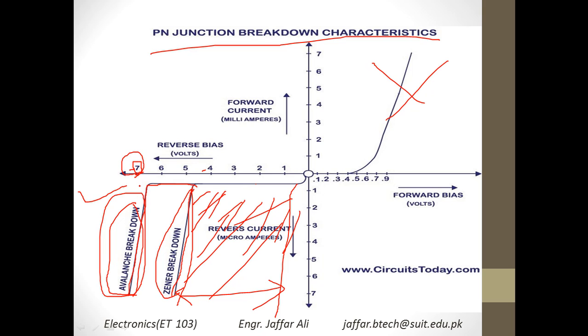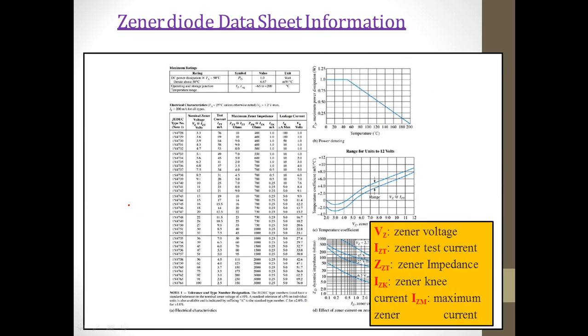As I have already told you, avalanche occurs at high voltages, so it means the amplitude should be high, and the negative sign doesn't show the amplitude, it actually shows the polarity. So do not worry about the sign. You have to look at the amplitude of the voltage over here. That is 4. So it is a low voltage, so it should be in the Zener breakdown region, and if the voltage gets high, it should definitely be in the avalanche breakdown region.